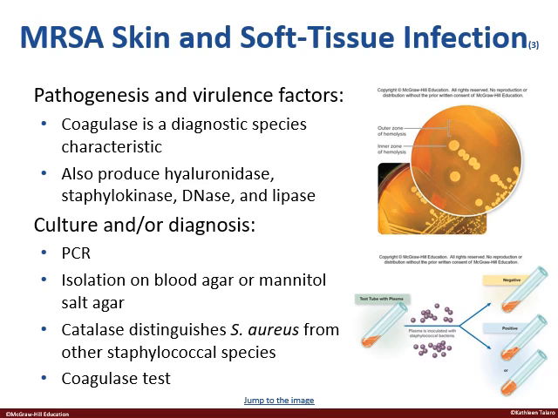Culture, well, blood agar, mannitol salt agar. Blood agar, remember, normal agar has sheep's red blood cells in it. Turns out Staphylococcus aureus, one of its virulence factors is an enzyme that causes red blood cells to lyse, burst open.